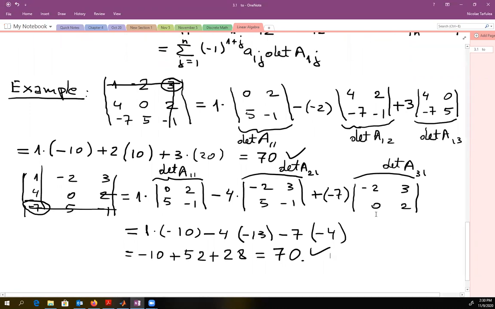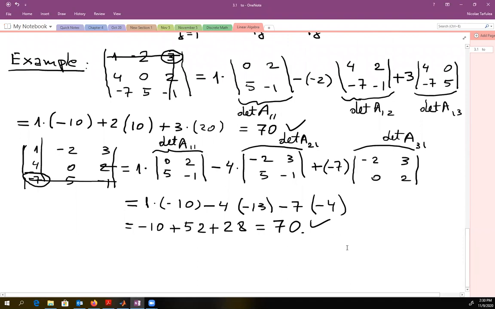So I can write this as a little theorem if you want. Where is that thing? Okay, yeah, the cursor. There is a little theorem which says that the determinant of an n by n matrix A can be computed by a cofactor expansion across any row or down any column. So in other words, you can write it like this.